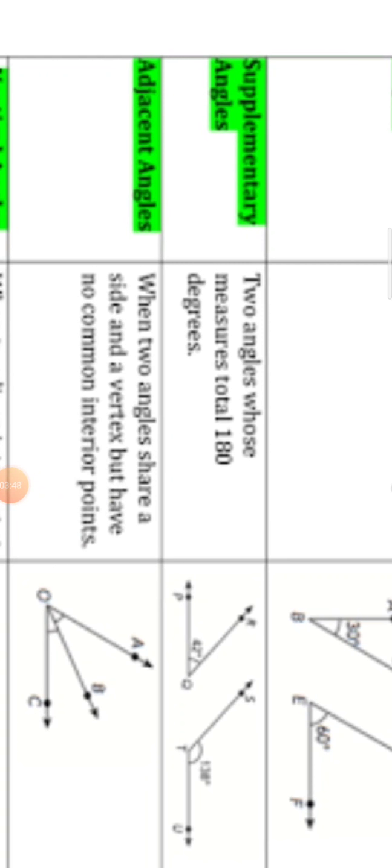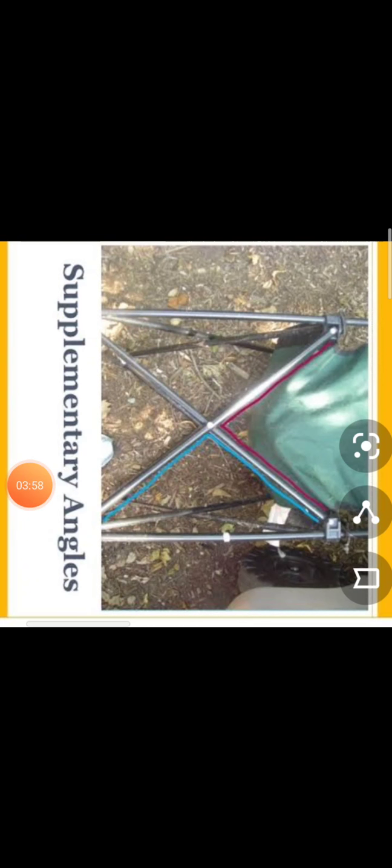So if you add them, you will get the answer 180 degree. So two angles whose sum is 180 degree, that are called supplementary angles. This is the example of day-to-day life. These chairs, red mark and the blue mark, if you add them, you will get a straight line, means 180 degree. So this is the example of supplementary angles.